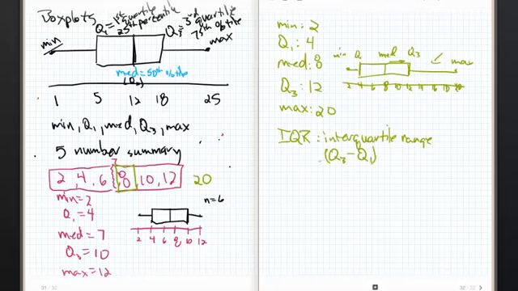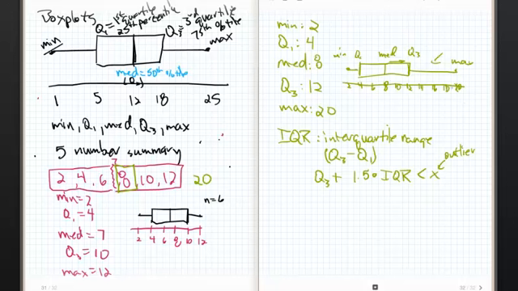Now, statistically speaking, the standard for an outlier is this. If I take Q3 and I add 1.5 times the IQR, and I get a data value that is greater than this, then this is considered an outlier on the top side.